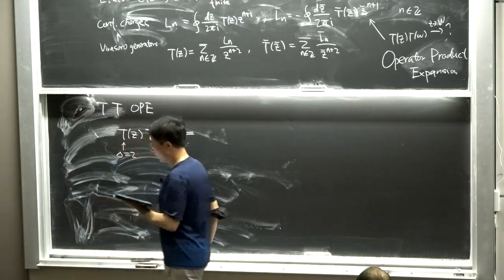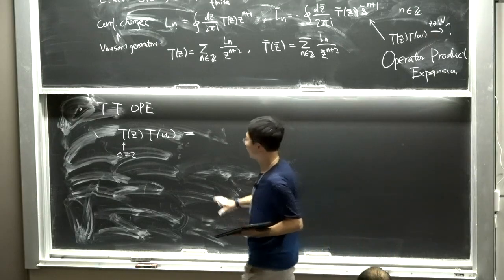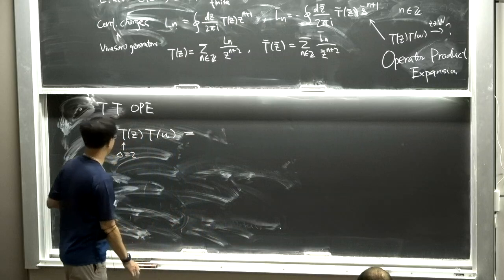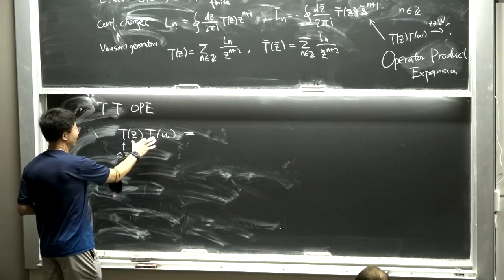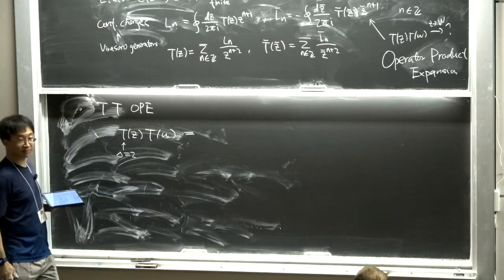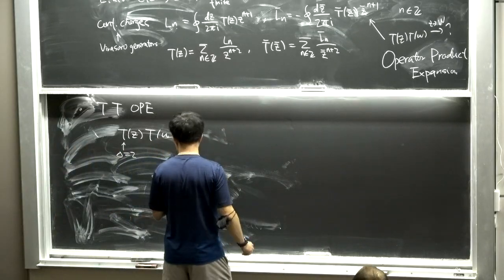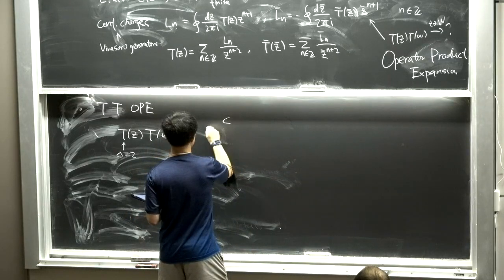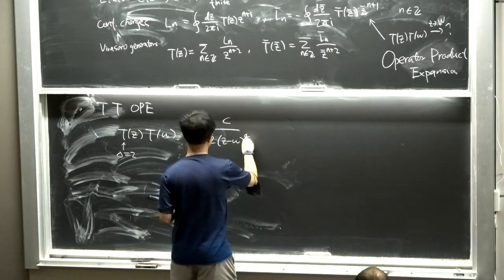Without doing any calculation, you can already imagine the ansatz of the right-hand side by doing dimensional analysis, and also remember that the left-hand side is a purely holomorphic object.